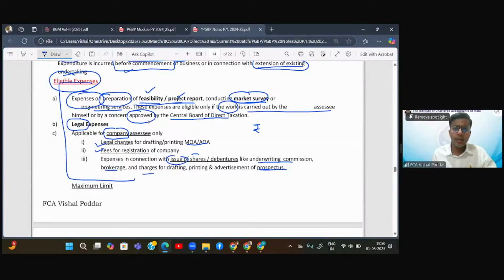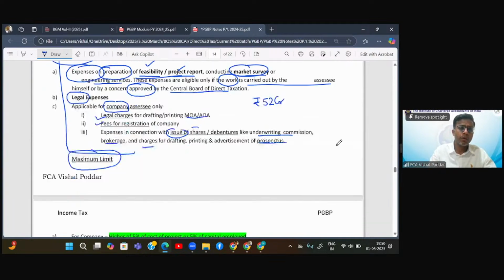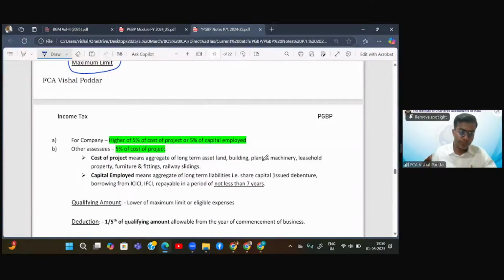Now, let us say total of this comes to 52 crores. Now, I will not give you deduction of entire 52 crores. They say we have kept a limit on the maximum amount that you can claim under this section. What is the limit? If you're a company, if you're not a company. If you're not a company, the limit is 5% of cost of project.